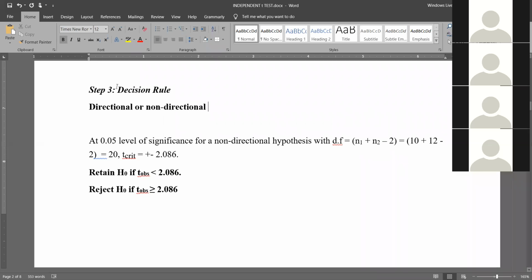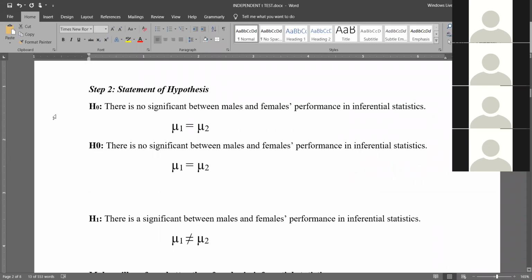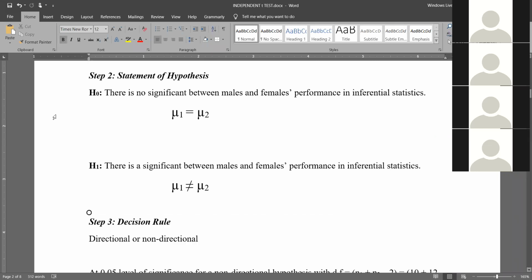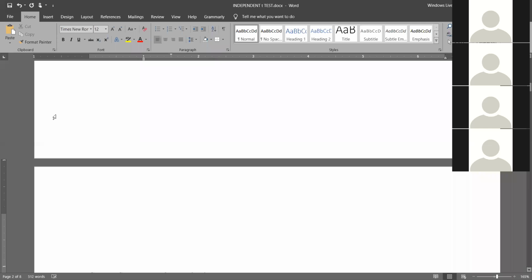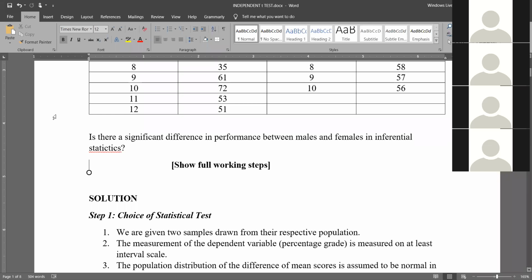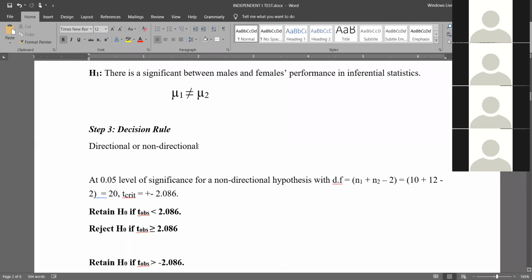So you need to find out from the question whether the alternative hypothesis was stated in a directional or non-directional form. And from this question, let me clean these things before it confuses anyone. The question that we are solving, per the question, our hypothesis was stated in a non-directional form. So it means we will select non-directional.